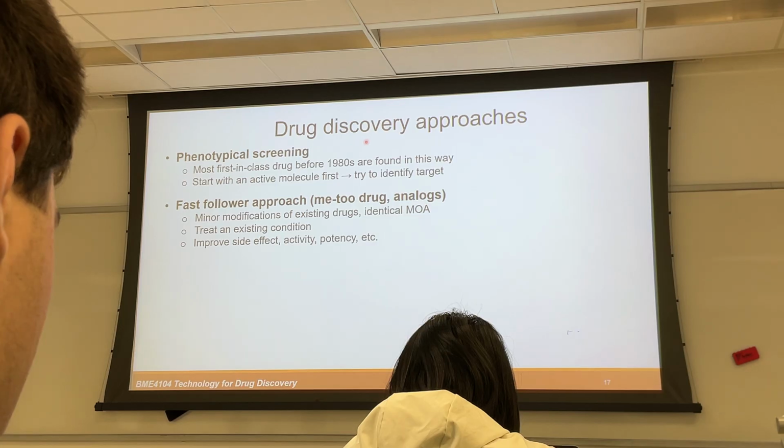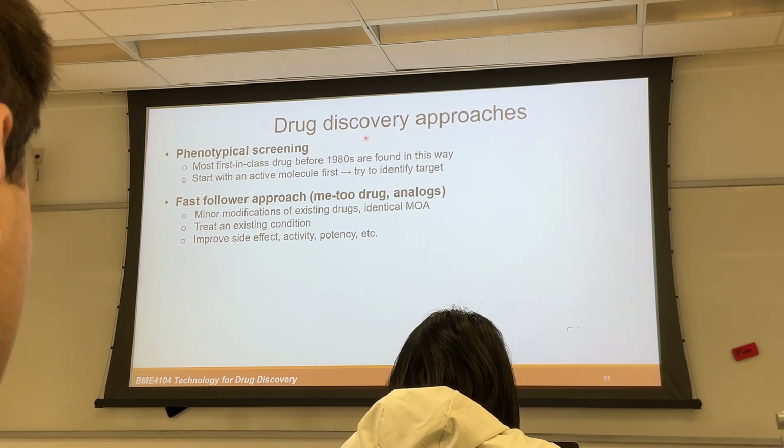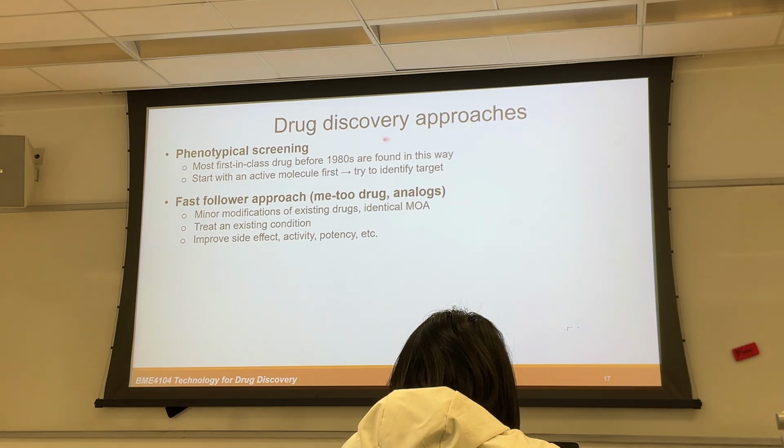But this slight change probably can improve the properties of this drug to some extent. And we call these analogs of the drugs. And after they are developed, we call them me-too drugs. So instead of first-in-class drugs, but it's still patentable, so people can still make profit from these me-too drugs.